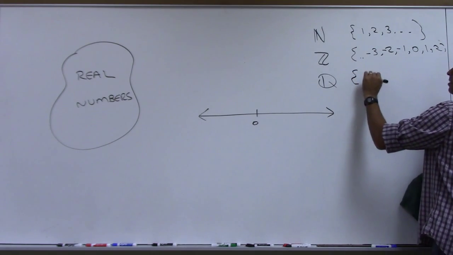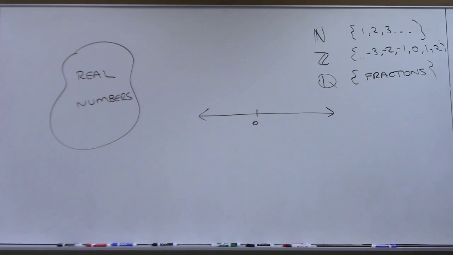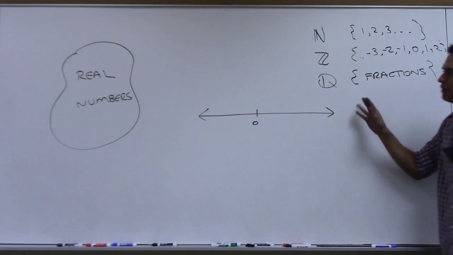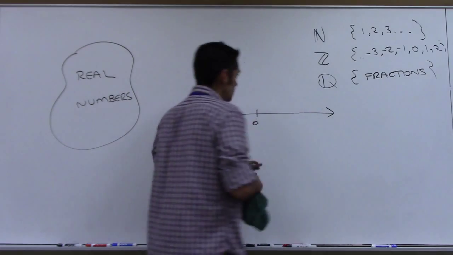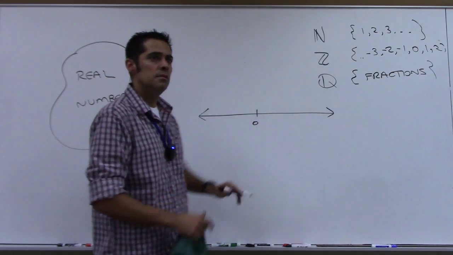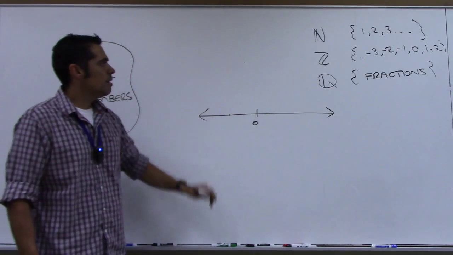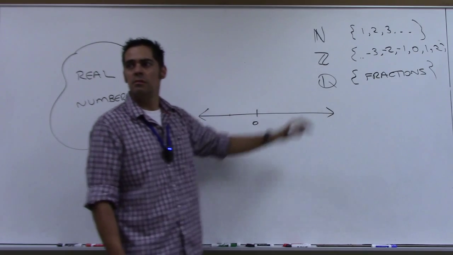I'm just going to put fractions in here. So every number that's in here comes from this group, or what? I guess what I'm asking you is, is there a number in here that's not a fraction?